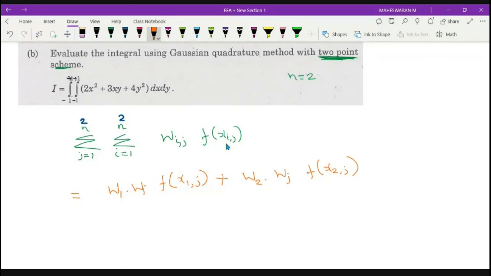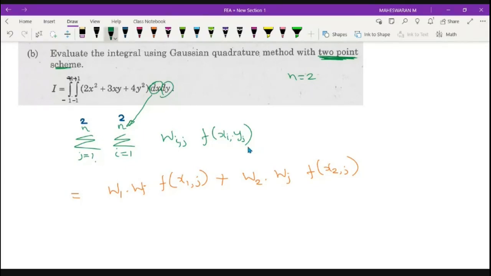Okay, so sorry, I made a small mistake with this j. Actually it is a function related to x and y, right? So this is yi, yj. What I am doing is x is denoting i and y is denoting j.